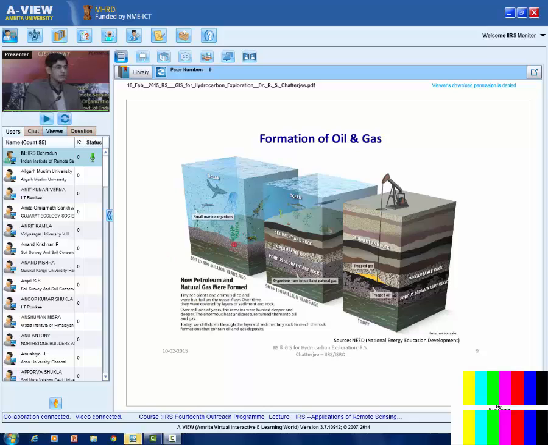Then they are buried with sediments, and after a long time, with high pressure and temperature, they are thermally cooked and converted. This organic rich material is known as kerogen. With high temperature and pressure, it is converted to oil and gas, which then migrate to some place where they can accumulate. After it is accumulated at a place, it needs to be sealed with a cover.